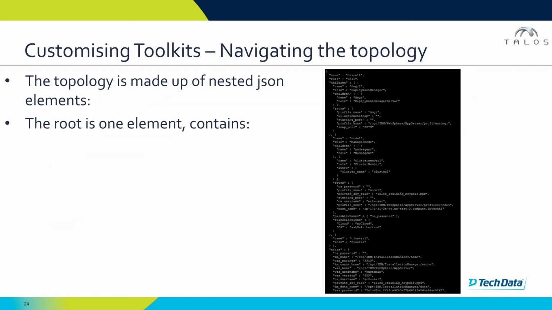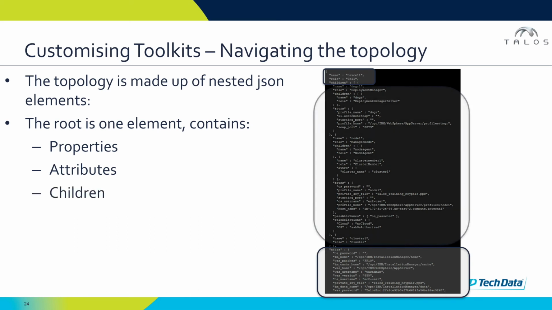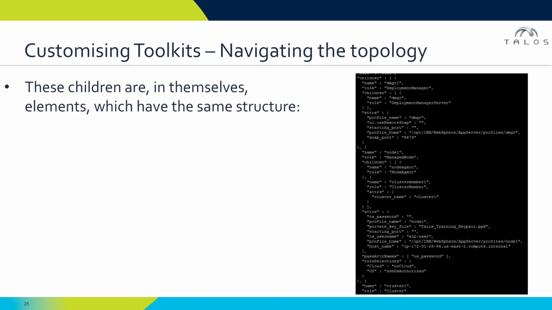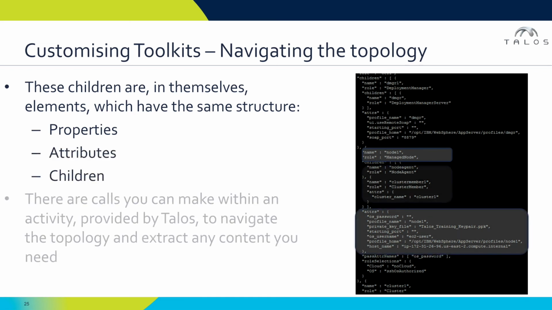So a topology is made up of nested JSON elements. The root is one element, and it contains some properties, some attributes, and some children. And all of those in the middle are children of that root element. And the children are in themselves elements, which also have the same structure of properties, attributes, and children.